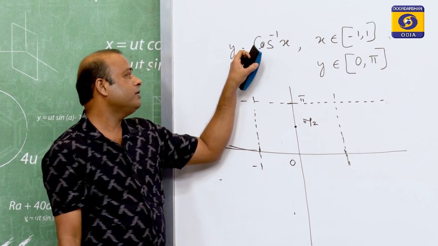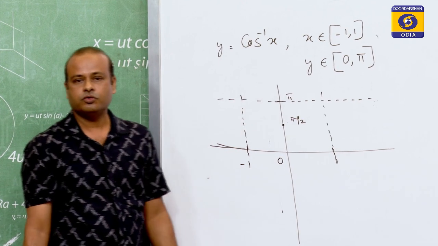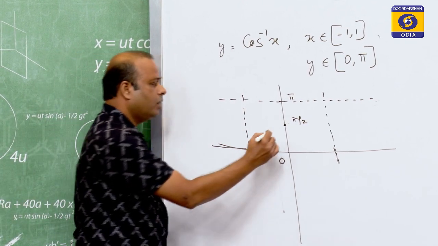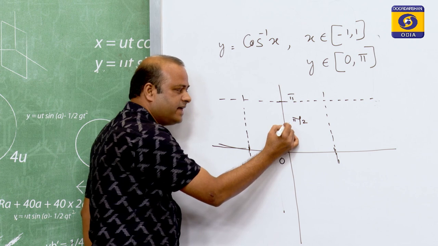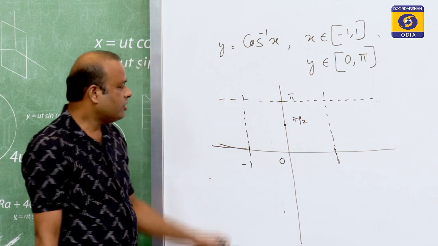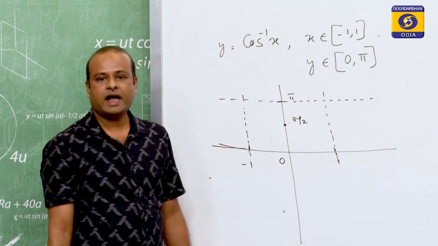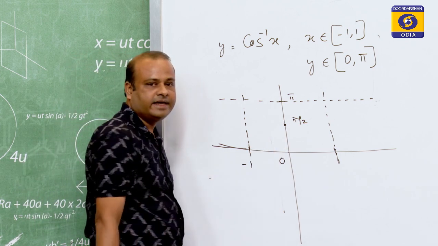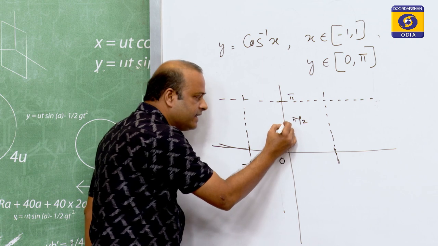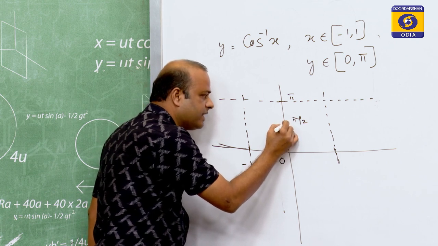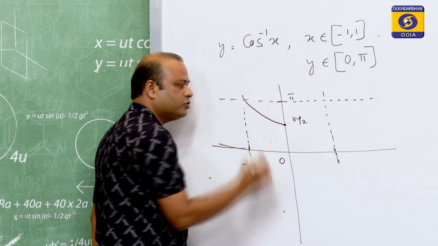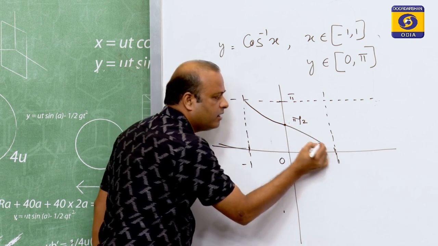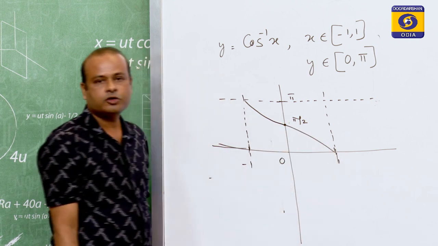So, the graph intersects the y axis at pi by 2, and from this it gradually increases to minus 1 and here decreases to plus 1.